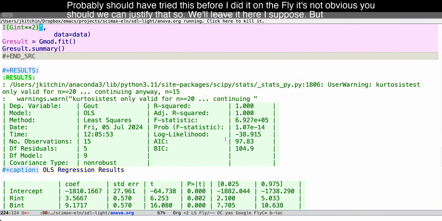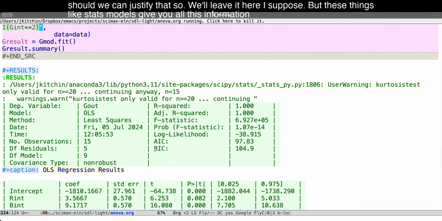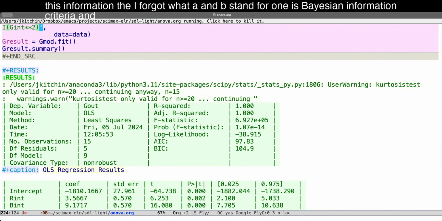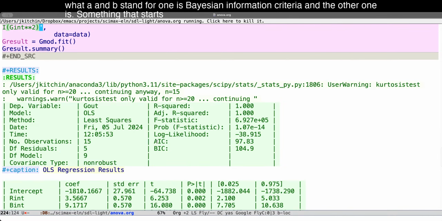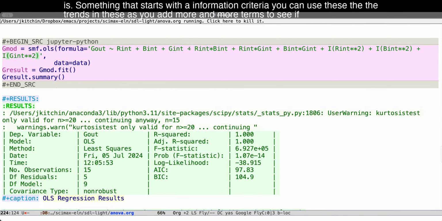But these things like stats models give you all this information. I forgot what A and B stand for. One is Bayesian information criteria, and the other one is something that starts with A, information criteria. You can use the trends in these as you add more and more terms to see if you should add or subtract.